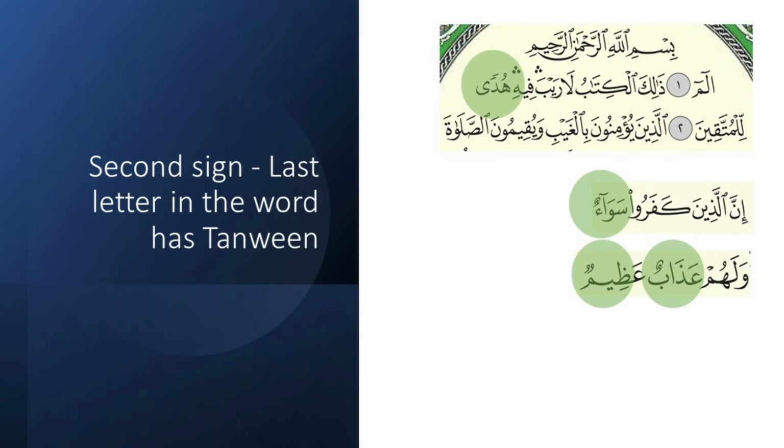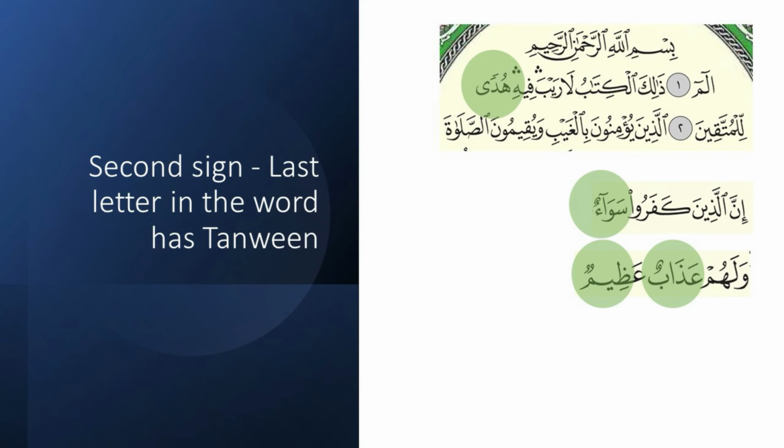With tanween dhamma, for example, you can see the word سواء. إن الذين كفروا سواء. Or the next line, ولهم عذاب عظيم. All these words are nouns because the last letter has tanween. And you can see that tanween dhamma may take different forms, depending on the letter that comes after it, and that's actually a tajweed issue which is out of the topic today.